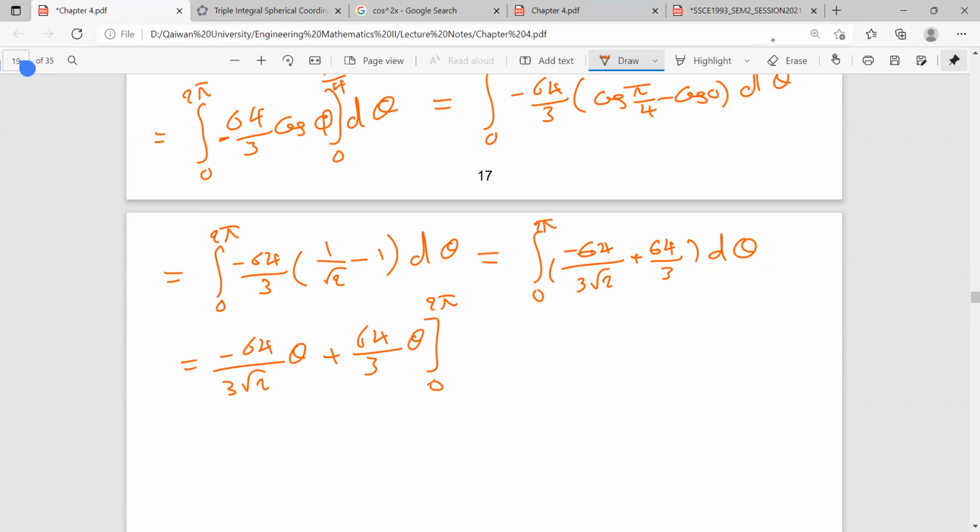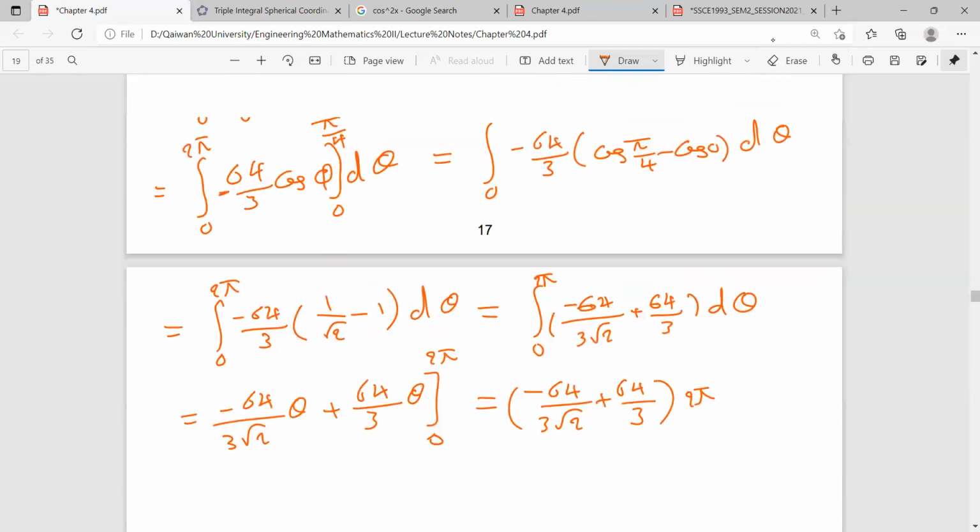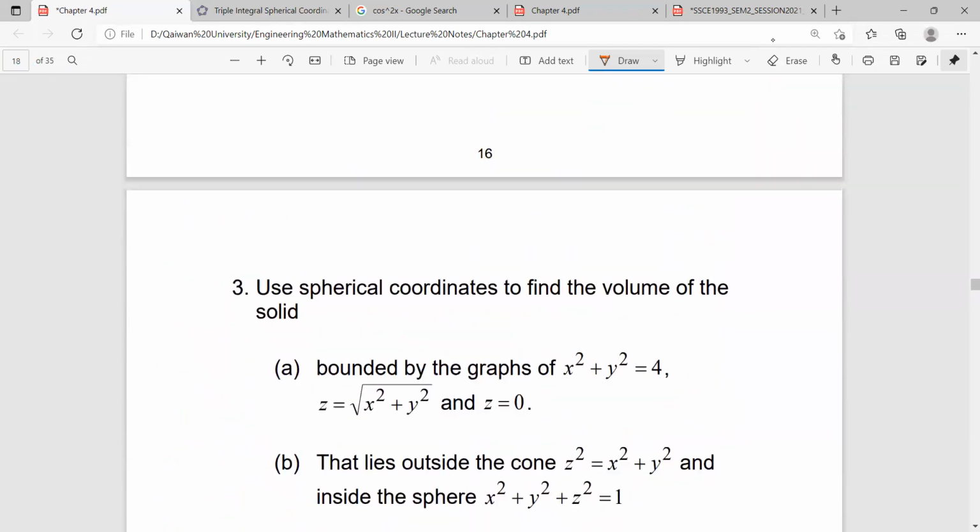When you replace by 0, you get 0, and it equals minus 64 over 3 square root of 2 plus 64 over 3, all multiplied by 2 pi. This is the result for the first example, and you can simplify it more by finding the common denominator here.